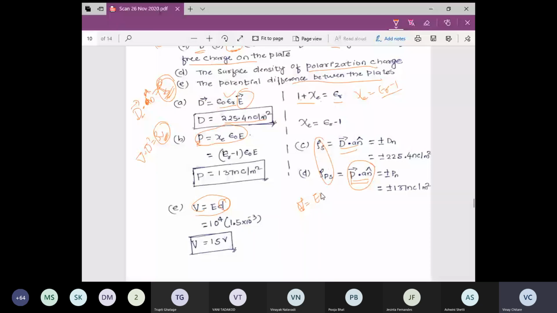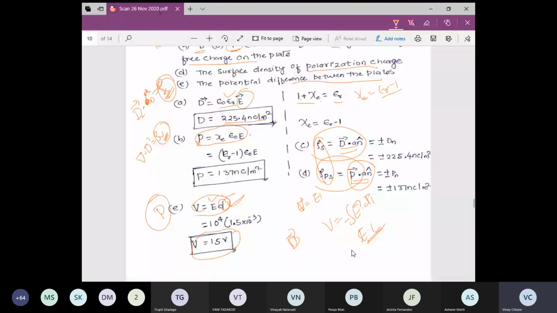Because I should remind you that the integral of E dot dl, if E is uniform, is simply E times L. So you can substitute E and d, and that gives 50 volts. So this is quite interesting: if you want to find the free charge density, you can use D, and if you want to find the bound charge density, you can use the polarization.